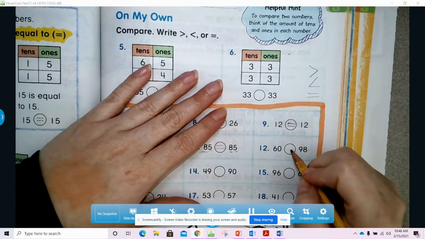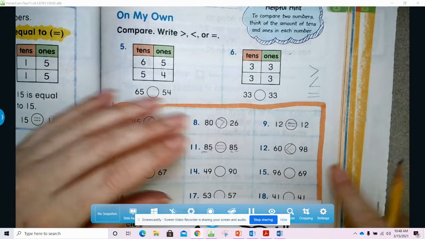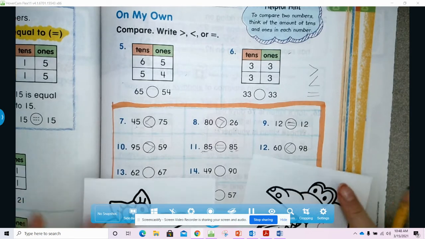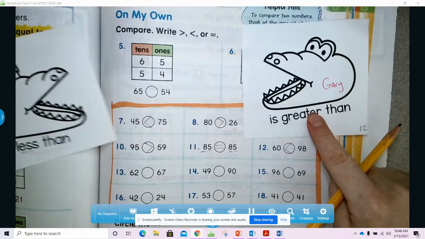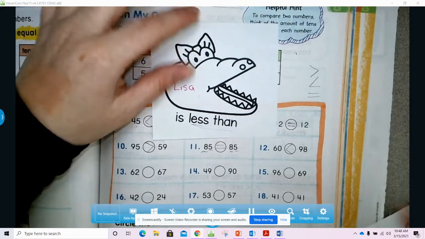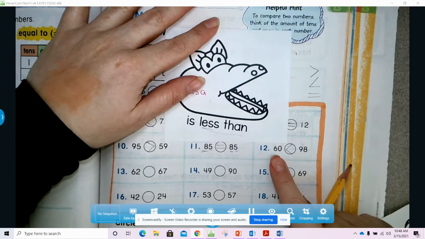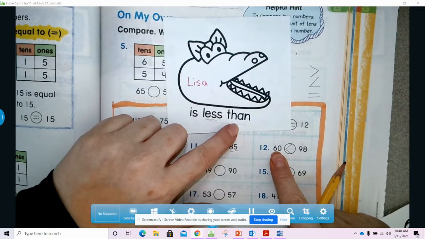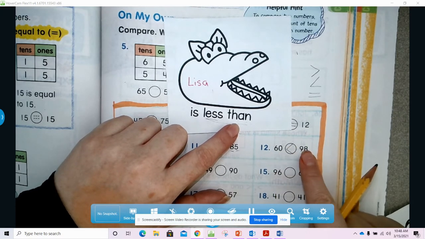So the chomper needs to go towards the 98. So if I look at my friends here, that looks like it's Gary. No, that looks like it's Lisa. Lisa's mouth goes that way. So I would say 60 is less than 98.